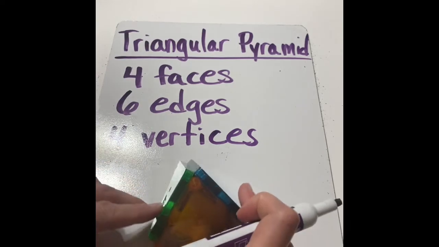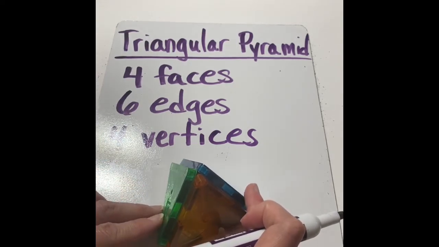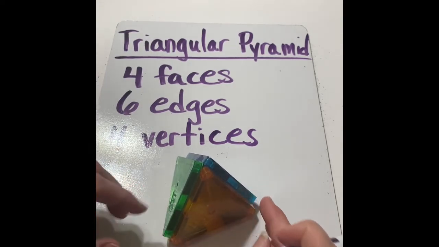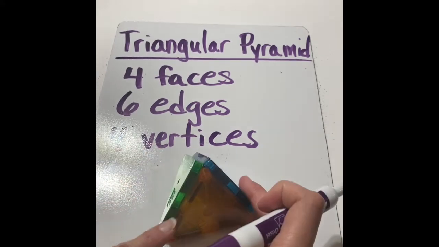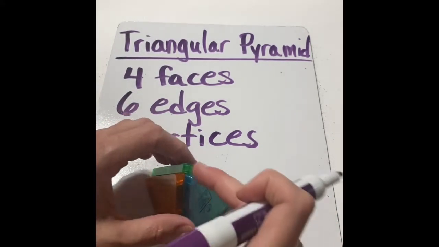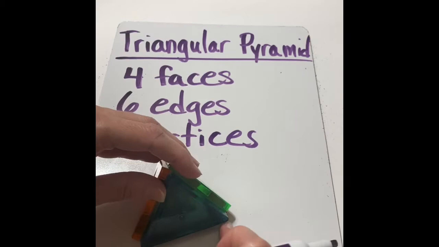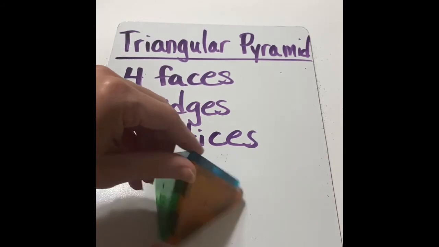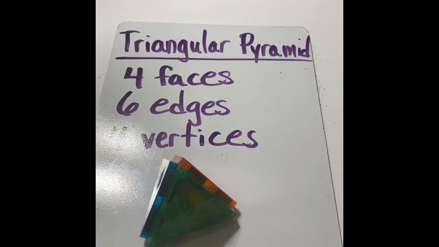Again, the 4 faces are all triangles, 6 edges, and vertices, 1 at the top, 2, 3, and 4.